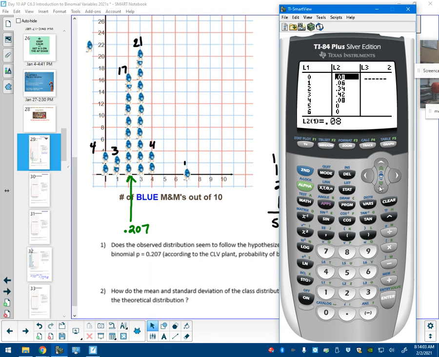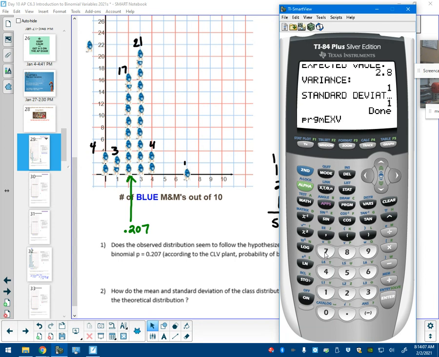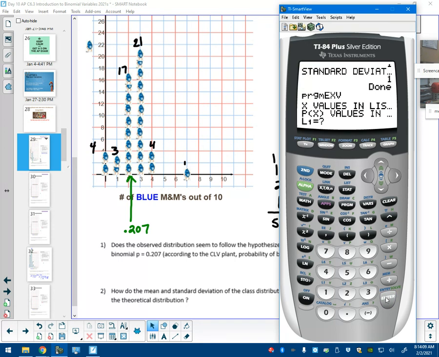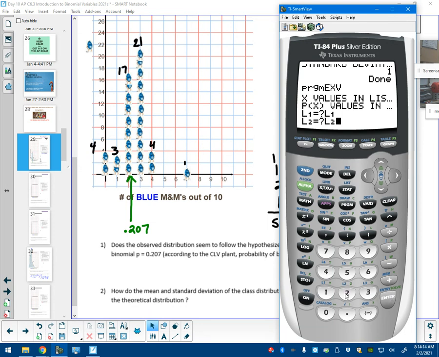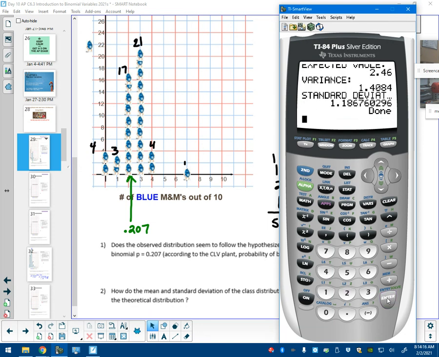So now I'm going to use this program EXV to calculate the mean and the standard deviation for me. My possibilities are in list 1, and the probabilities are in list 2, and I get 2.46 blues is what I would expect, with a standard deviation of 1.186. So how does that correspond with what we just did?